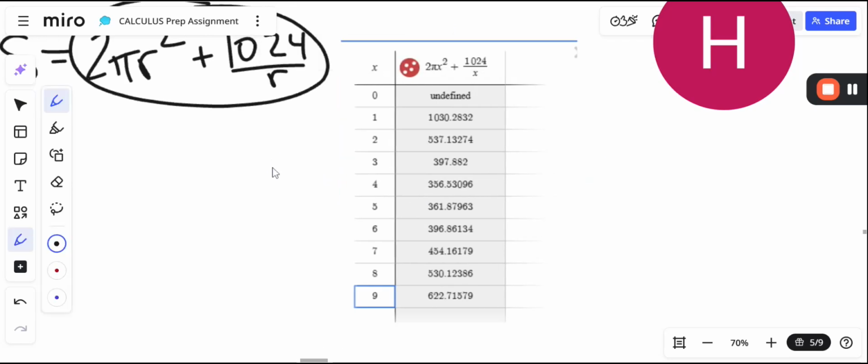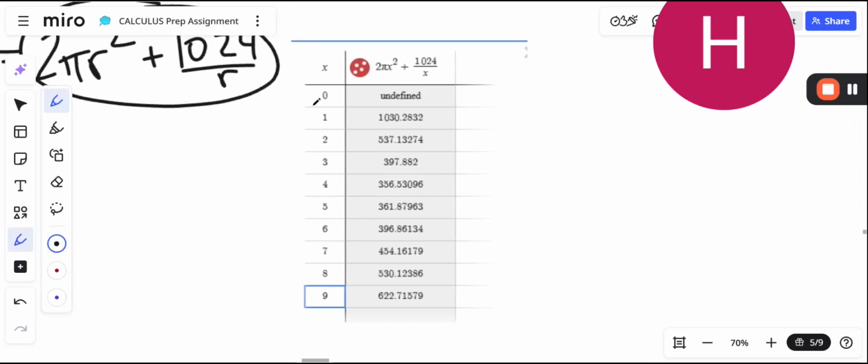I put x in the DESMOS, but of course we can't have 0. That wouldn't make any sense because it wouldn't have a volume of 512 cubic inches. If we made the radius 1, this would be how much surface area is required, how much material is required. So we see that that's probably not a great idea, but it is going down as our radius increases.